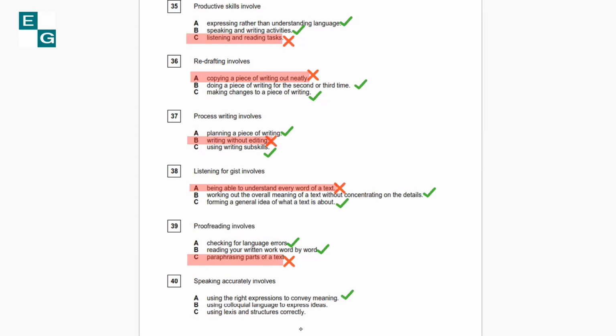And it also means you are using lexemes and structures correctly. It doesn't mean you have to use colloquial language to express ideas. Accurately speaking means using the grammar in a correct way and the expressions, the lexical expressions without mistake. It doesn't really mean using informal language.